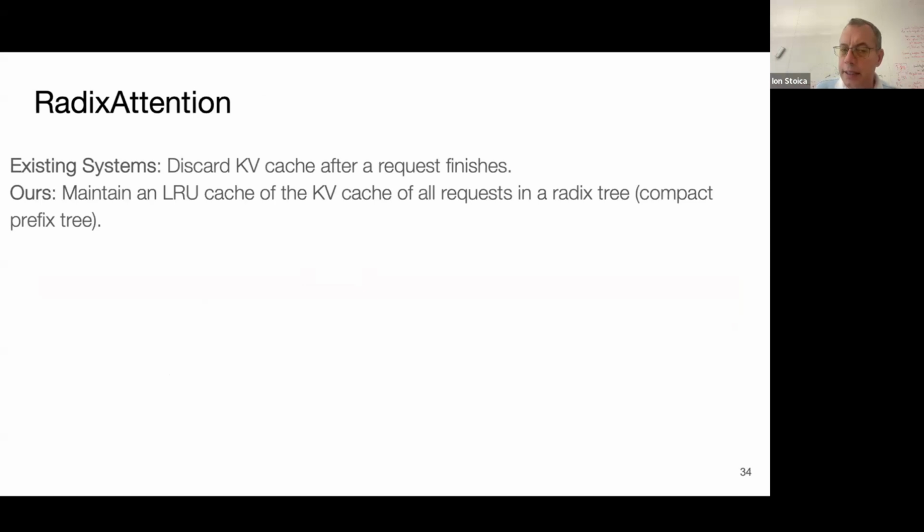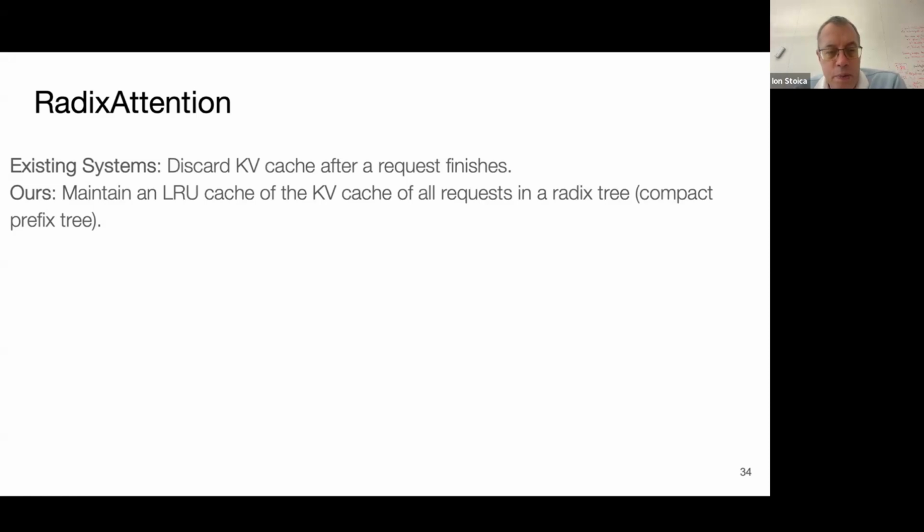While existing systems at that time were just discarding the KV cache after a request finishes, you just remove everything about that request. In this case, you keep it in the KV cache, and you evict it according to some LRU technique, least recently used, which is a classic cache replacement policy in operating systems.